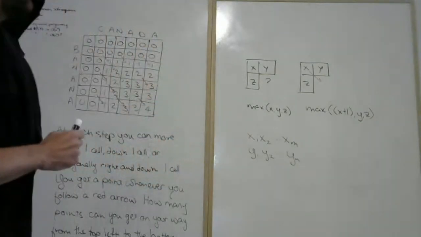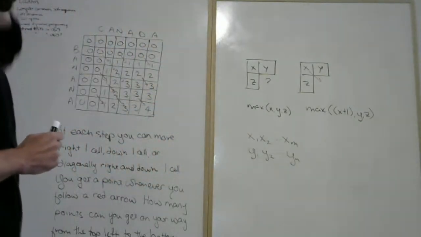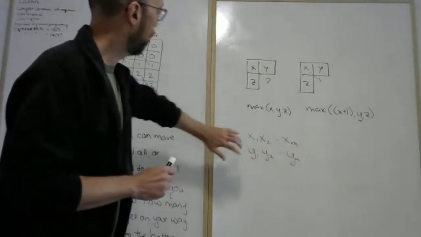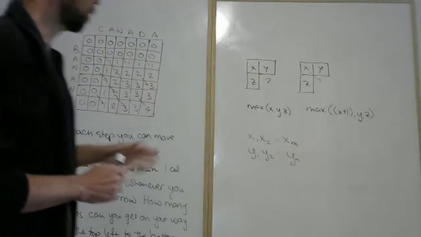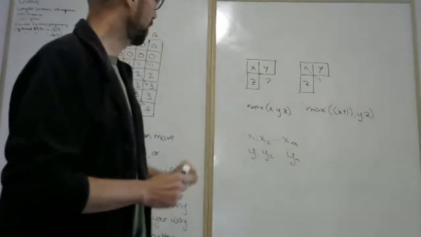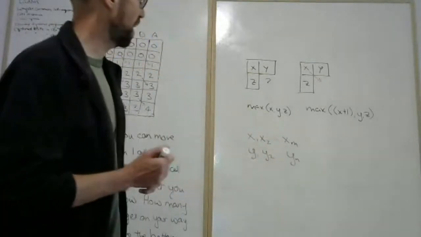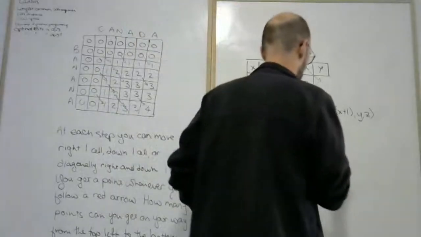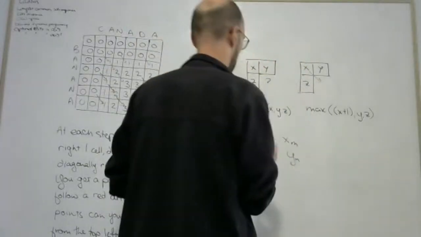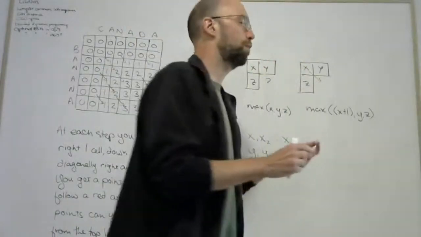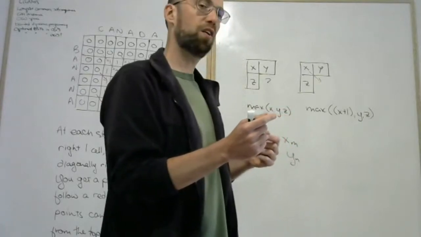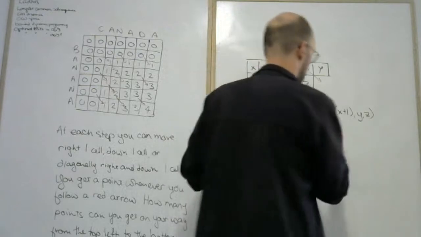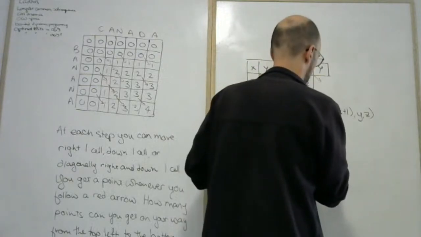Let's consider why we just solved this problem. Well, suppose we have this x1 to xm, y1 to yn, and what we've done is, do we want to have m rows and n columns? Yeah, m rows and n columns. So let's suppose we have, oh no, my marker is dying.